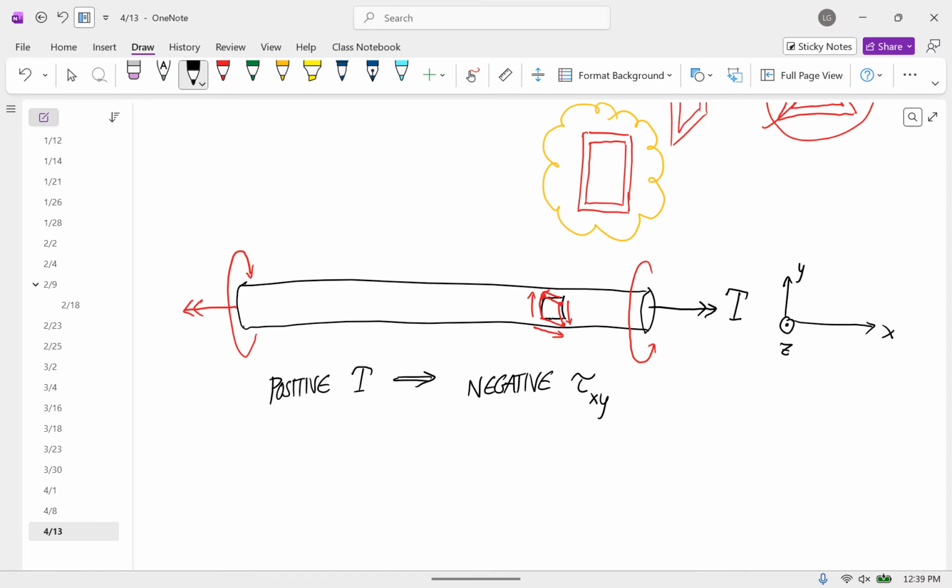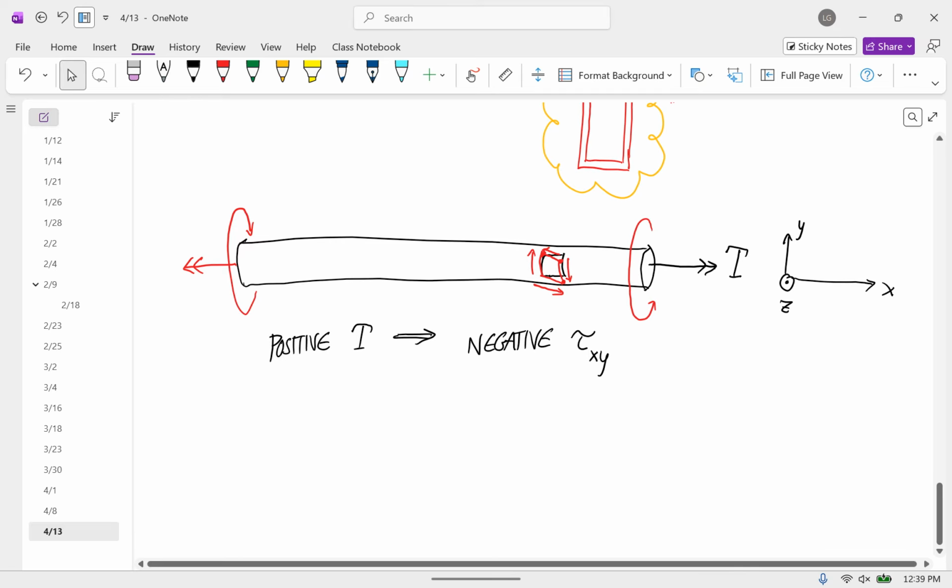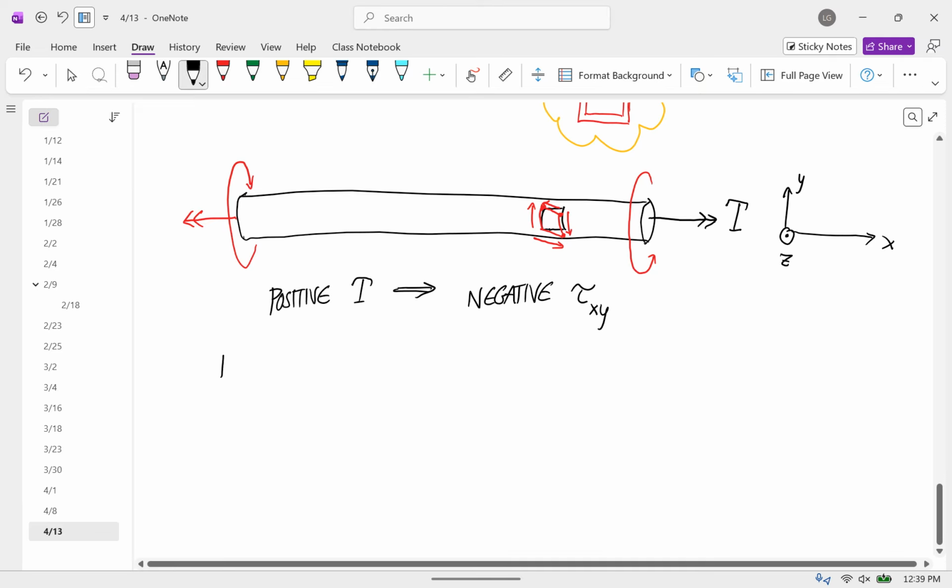All right. Well, the stress. So let's start first with circular cross sections.